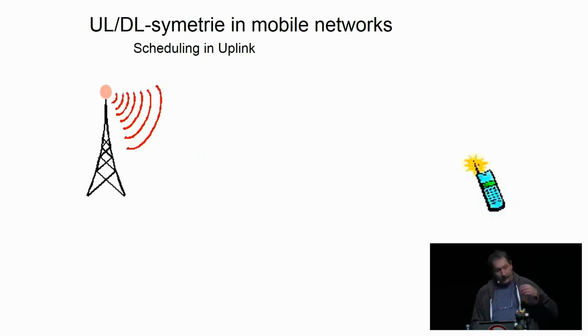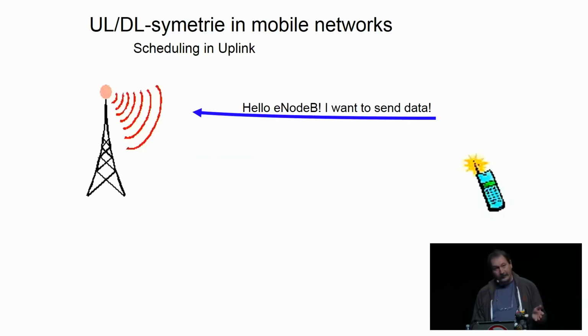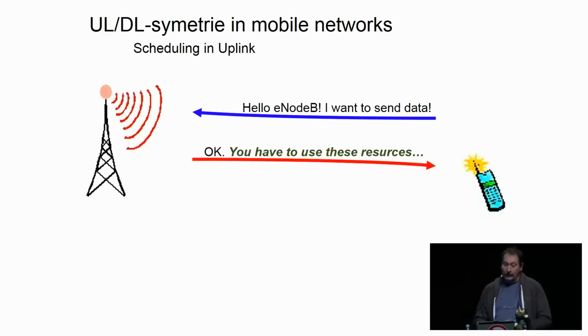But in the uplink, there's always the problem that the mobile device wants to transmit data, wants to initiate a call, and the base station has to see where resources are free in the uplink and has to select them and tell the terminal device: dear mobile device, use these resources, these frequencies for these durations, and I tell you at which times.